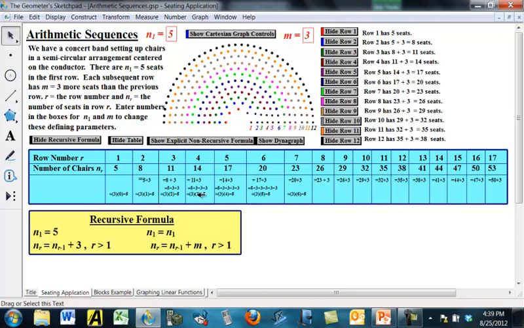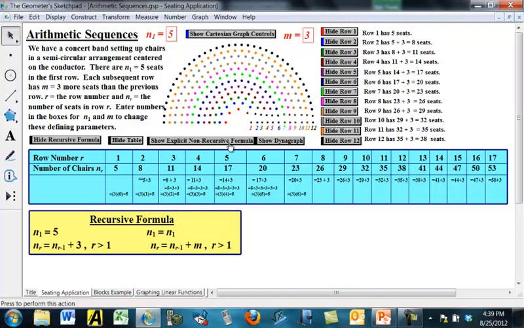The first number is 3, that's what we're adding every time, that's the m. The last number is the plus, well, whatever this n1 is. But how does the second number in parentheses compare to the input? Well, every time it's 1 less than the input.